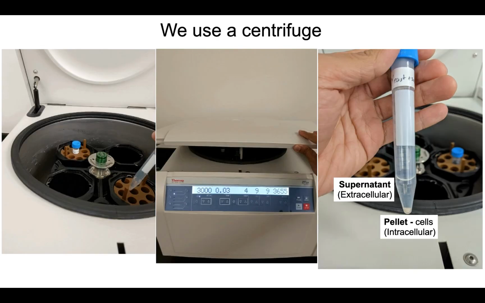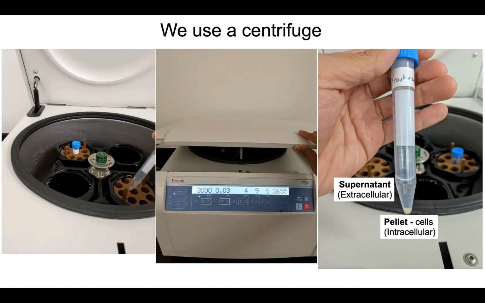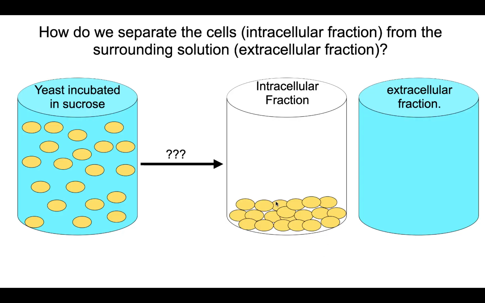Okay? So now what we'll be able to do is you take that supernatant and you pour it into another tube, right? You get to separate it out. And that leaves behind the cells, like that.